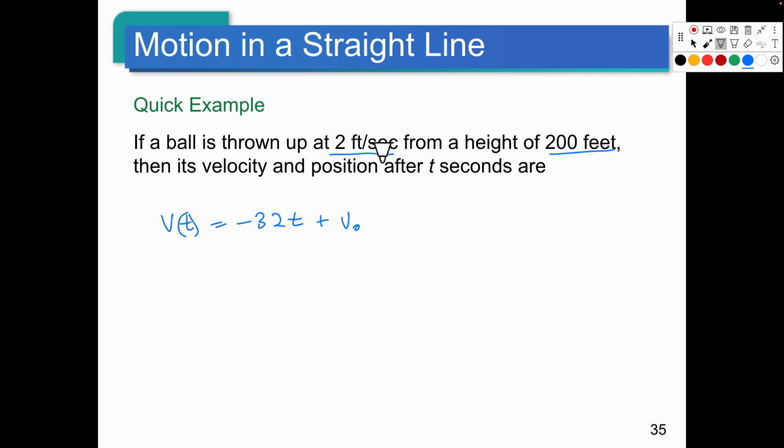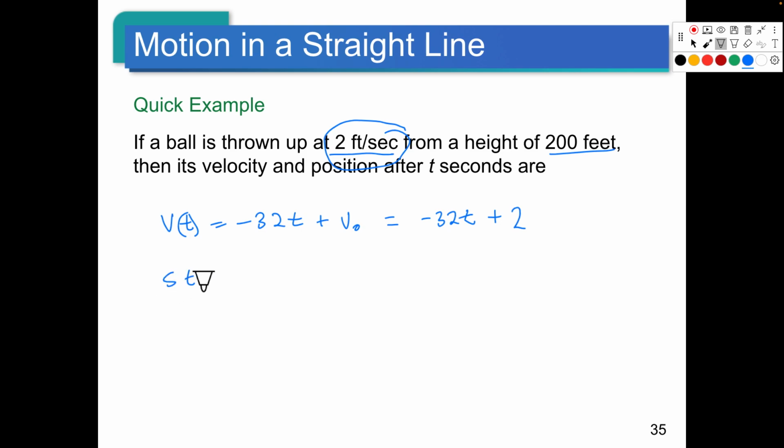And the initial velocity is 2 feet per second, and it's being thrown upward. So is that a positive or a negative? Positive. Okay. So we just remember this formula. We don't have to do all the calculus behind it. It's going to be negative 32t plus 2. That's the velocity function.